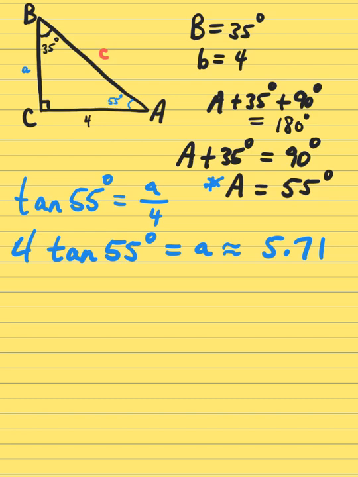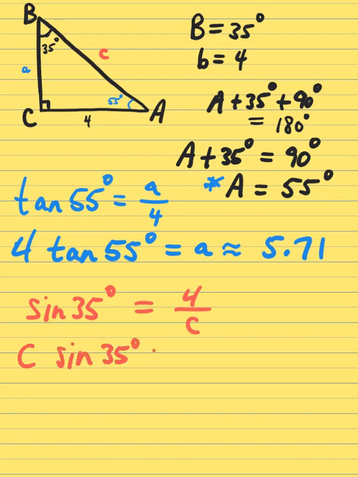Sine of 35 is equal to opposite over hypotenuse, multiply both sides by c, divide by sine 35, and to 2 decimal places, 4 divided by sine 35, I get 6.97.